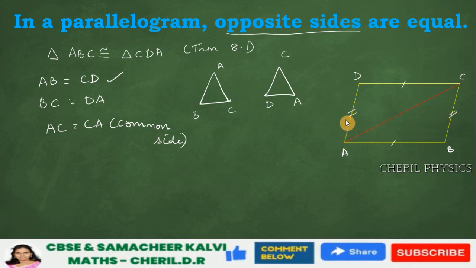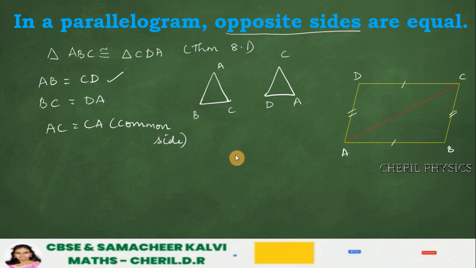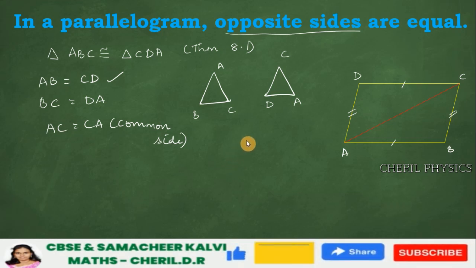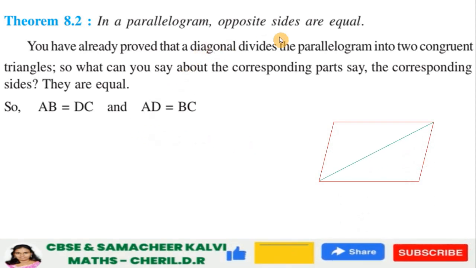Is it clear? Yes. So from this we are able to say that in a parallelogram the opposite sides are equal. How did we prove that? We proved this with the help of theorem 8.1. Now let's look into the textbook to see what is given in that. In the textbook it's given that in a parallelogram opposite sides are equal. So we already proved that the diagonal will divide the parallelogram into two congruent triangles.